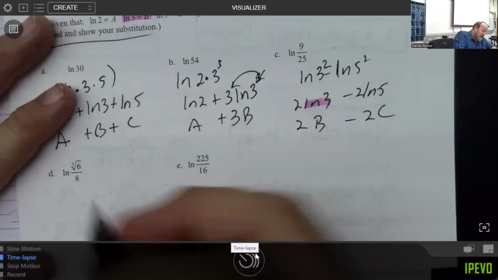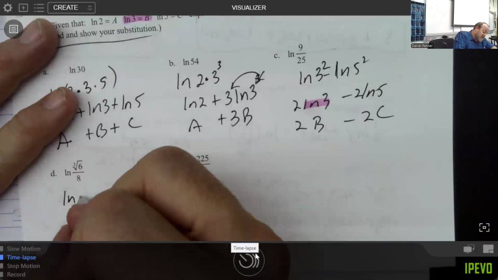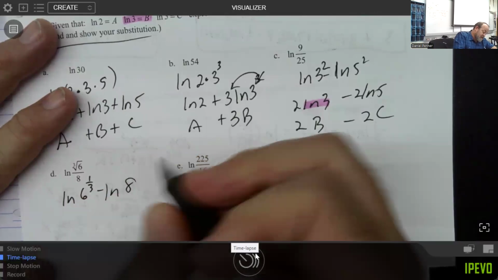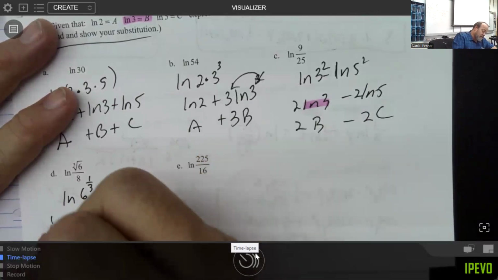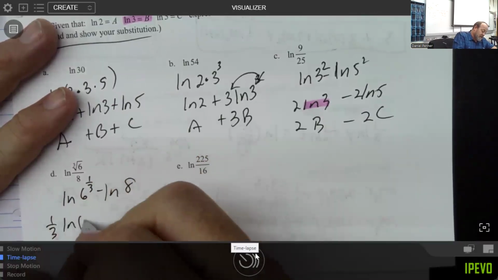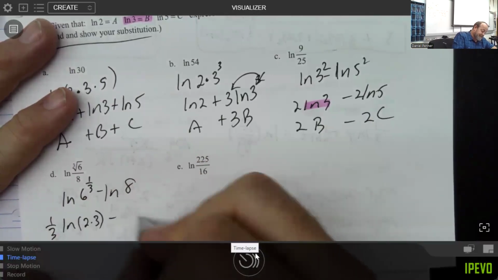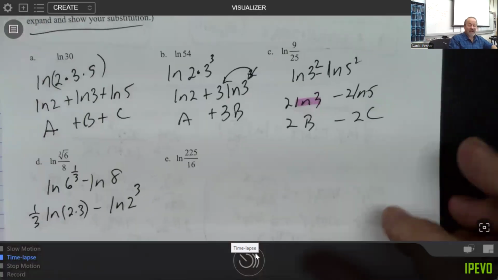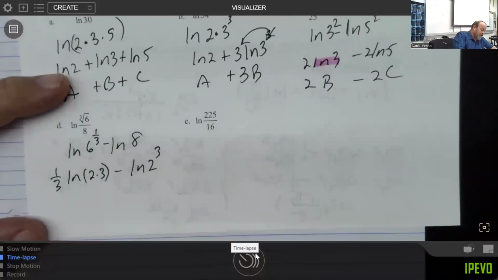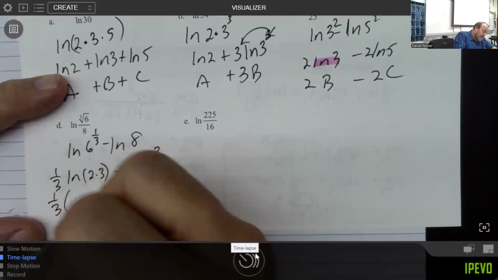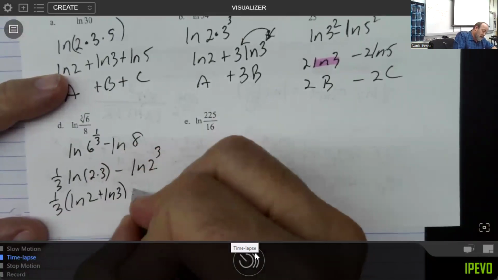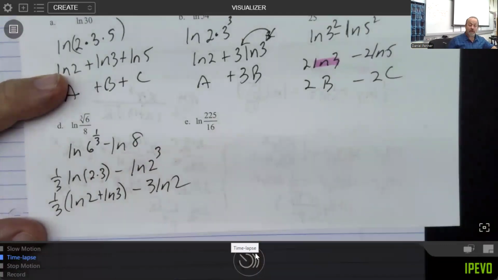Now, moving into here, the natural log of 6 to the 1/3 power minus the natural log of 8. Well, I'm going to bring that 1/3 in, and 6 is really 2 times 3. And 8, of course, is 2 to the 3rd. So again, I'm just doing a couple little things, but I know that the property says when you multiply, you can add, and we can always bring coefficients to the front, right?